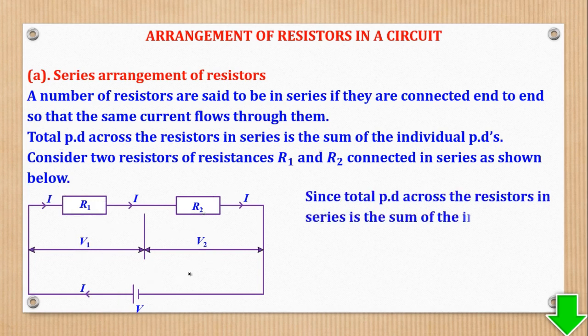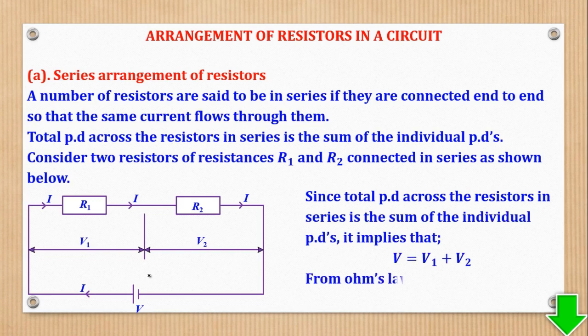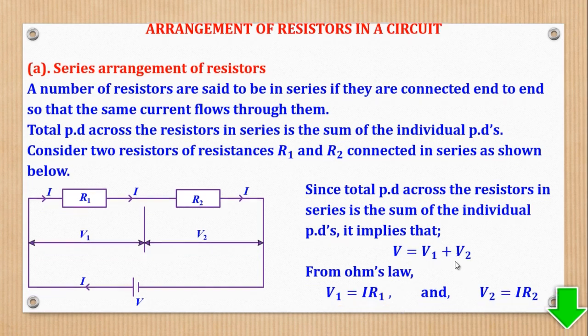Therefore, V will be equal to V1 plus V2. You also know from Ohm's law that V1 is equal to IR1 and V2 is equal to IR2. So we shall substitute for V1 and V2. When you do that, you come up with this.